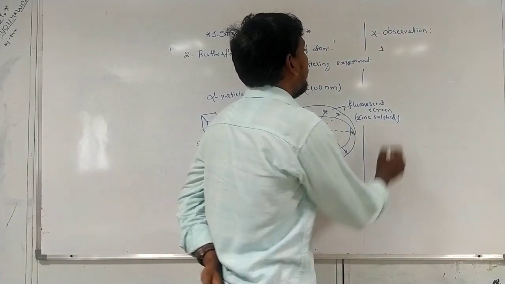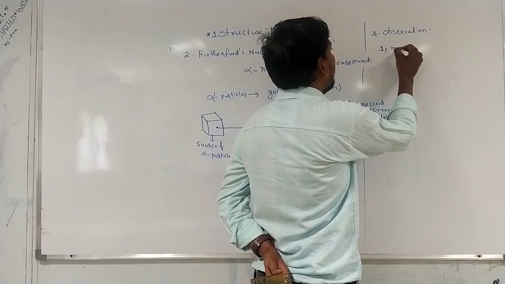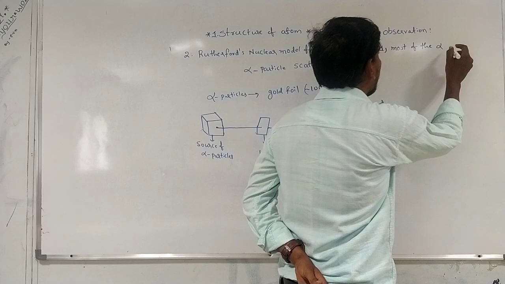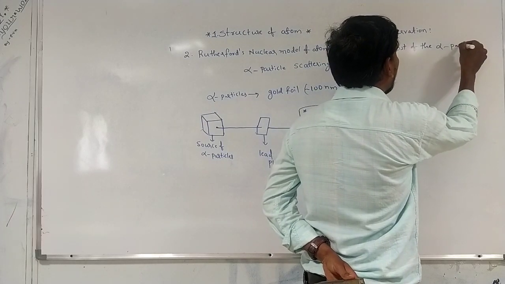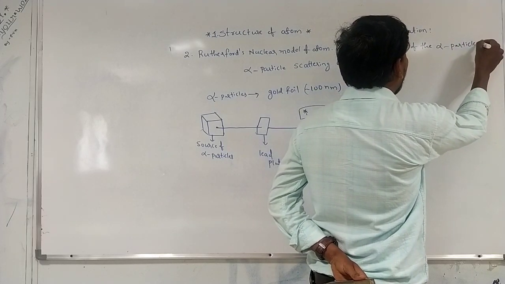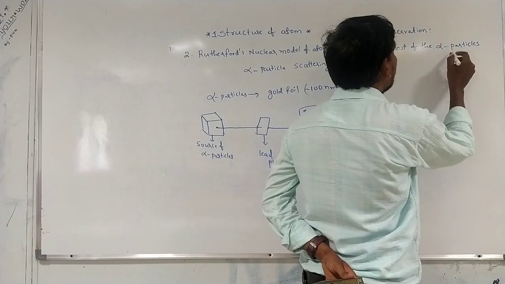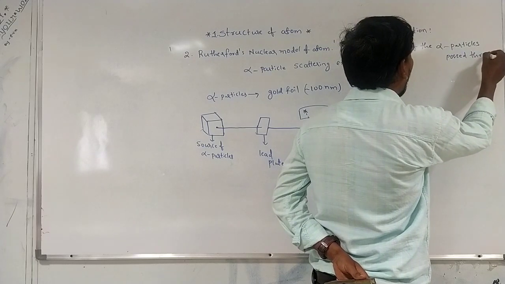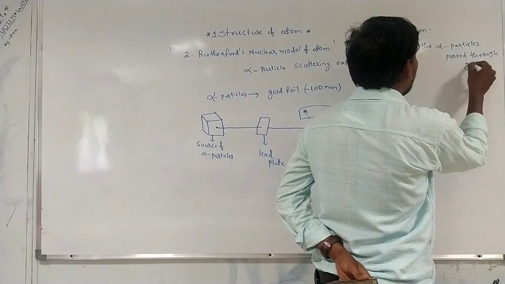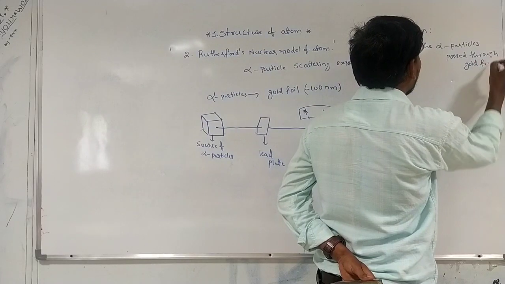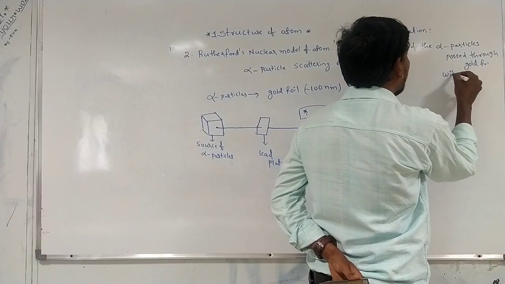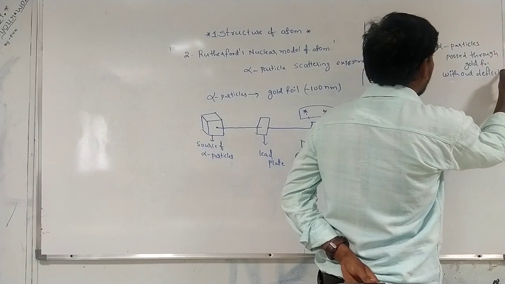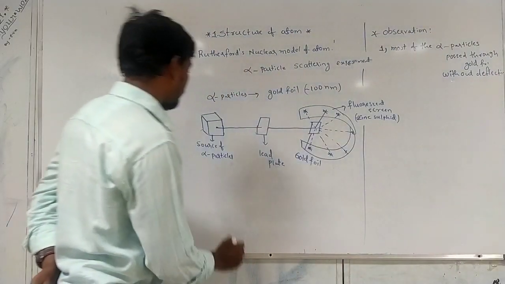First observation: most of the alpha particles passed through the gold foil without deflection. Now look here.